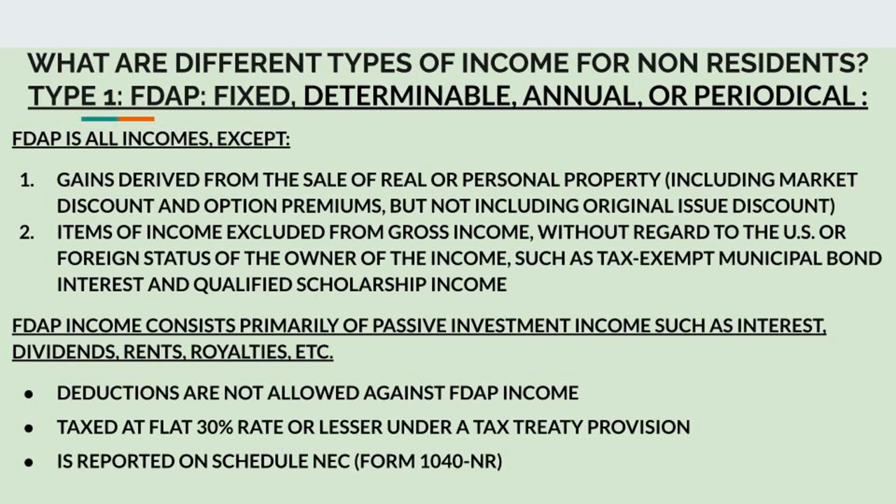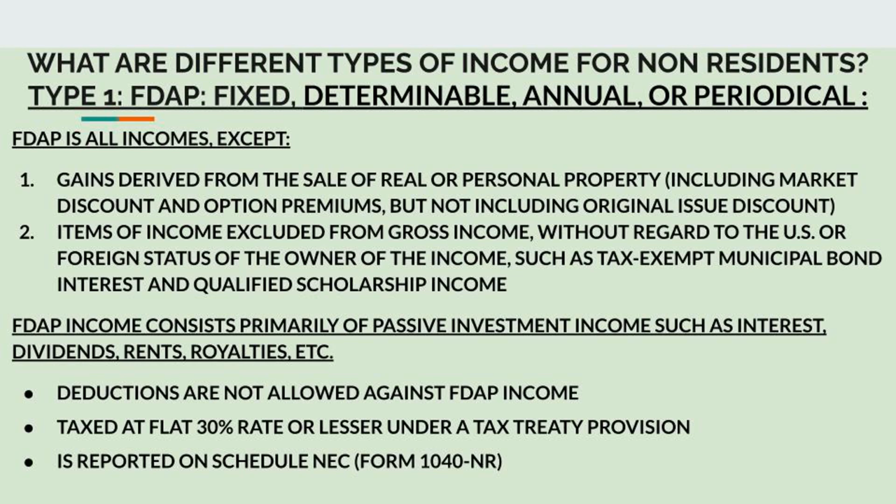Now, the characteristics of FDAP are that deductions are not allowed against this income. You cannot make any deductions. Say, for example, with rental income, you cannot make a deduction against the income that you earned. And it's taxed at a flat rate of 30% or lesser under a tax treaty provision.